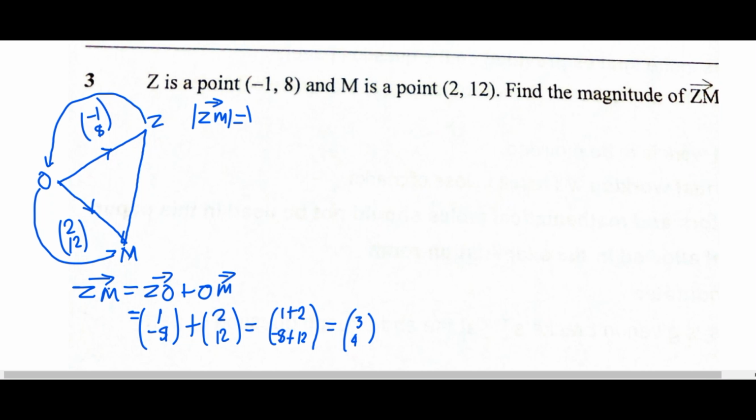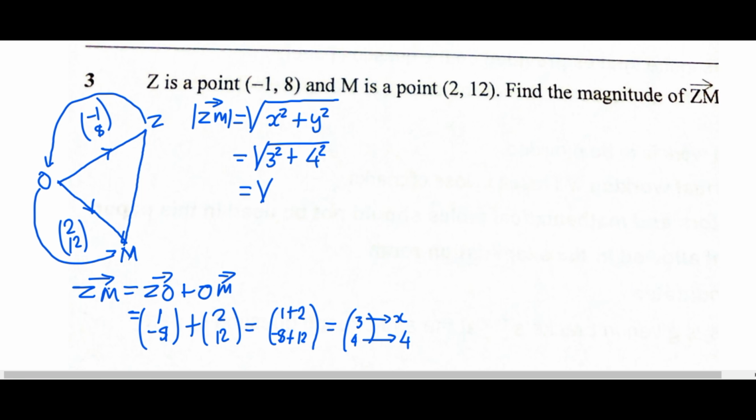So the magnitude is, first you write the square root. The formula for this one is x squared plus y squared. The x coordinate is our 3 here, squared, plus the y coordinate, we have 4 here, squared.